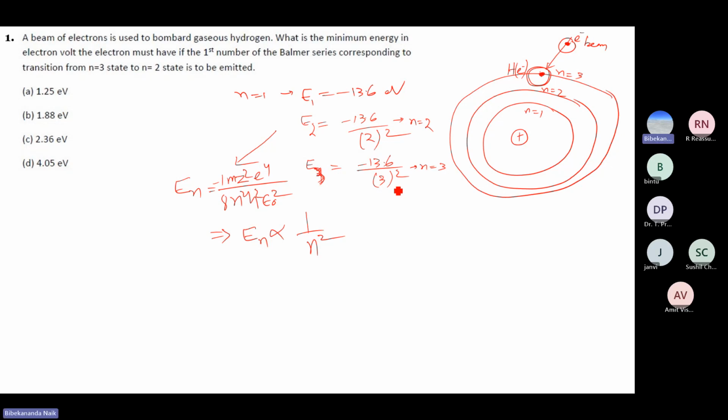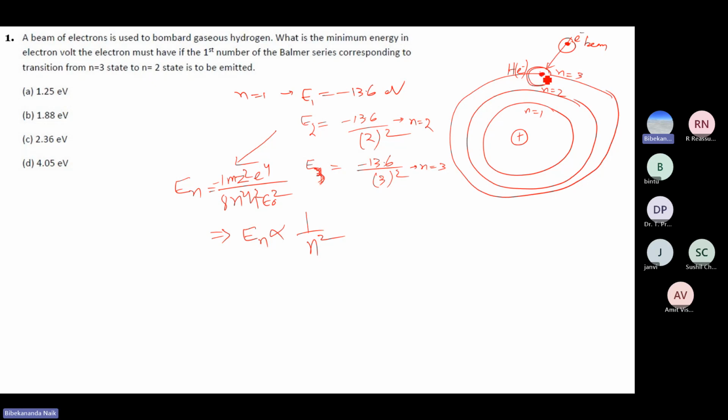So if you see, as we go away from the nucleus, the energy is increasing. I mean, since the value is negative, the magnitude will decrease. So if you see the difference in energy between E3 and E2, because this is the amount of energy required. The electron which is at energy level n equal to 3, when the beam of electron is being bombarded, this electron from that beam will give all its energy to the electron which is revolving in n equal to 3 state.